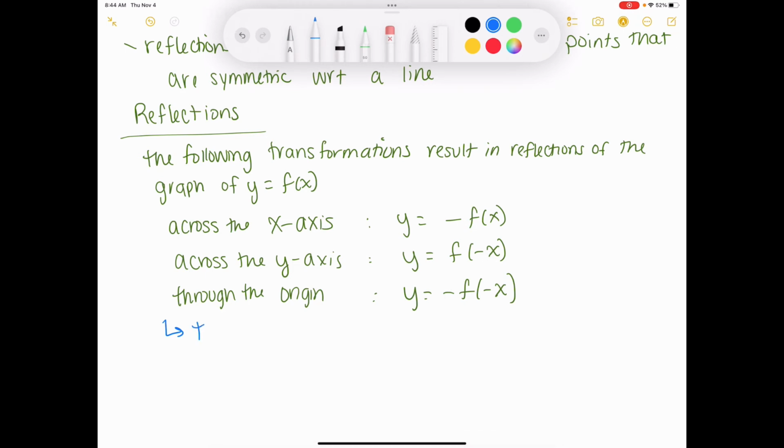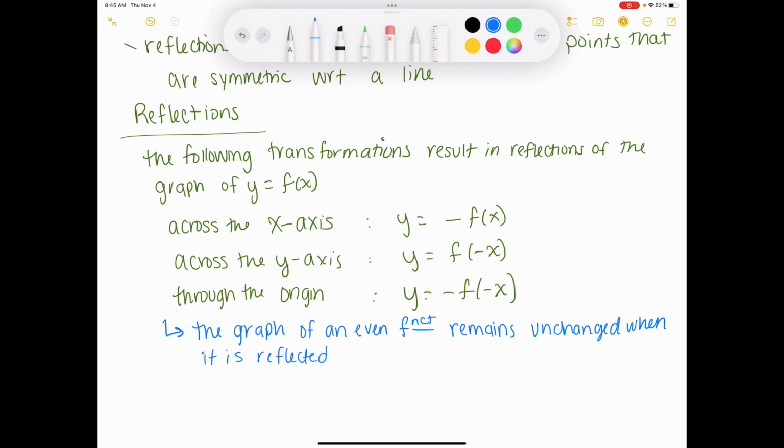The graph of an even function remains unchanged when it is reflected across the y-axis.